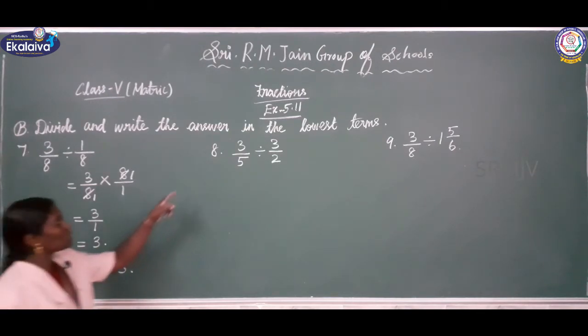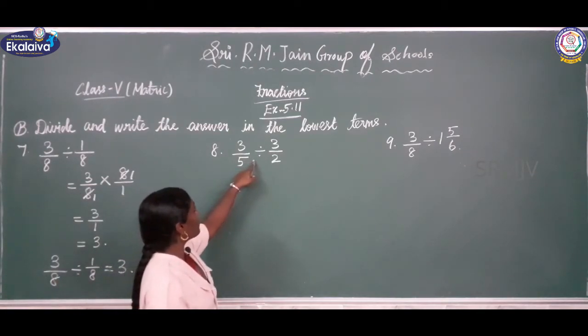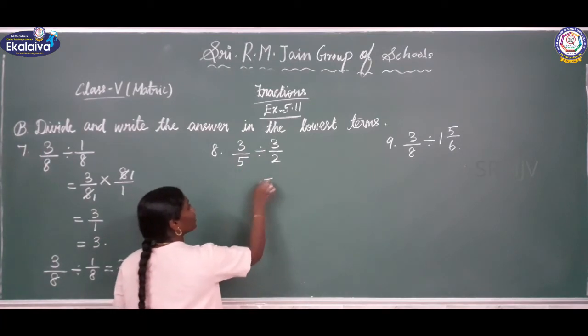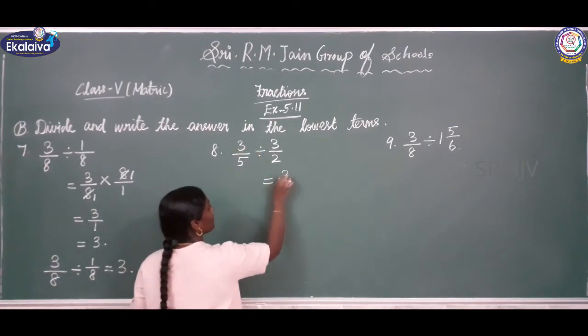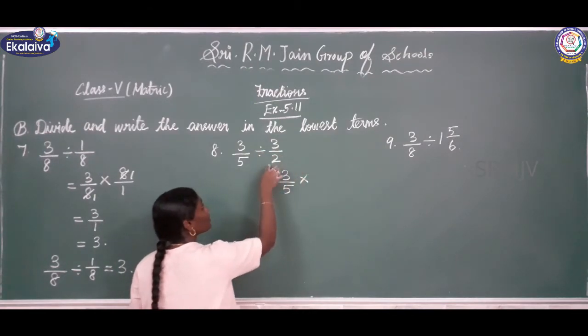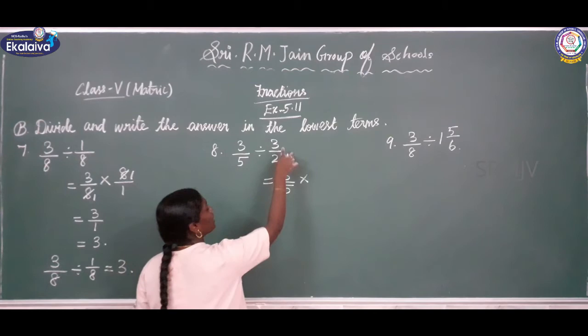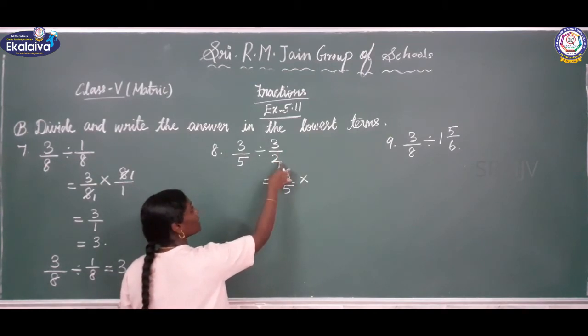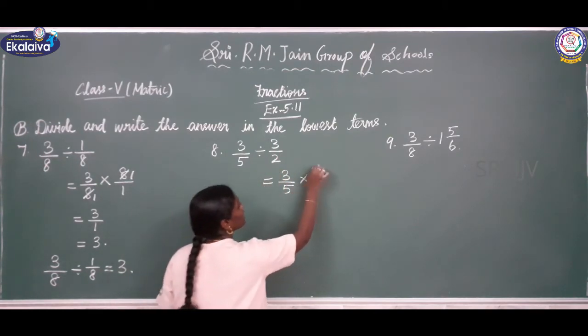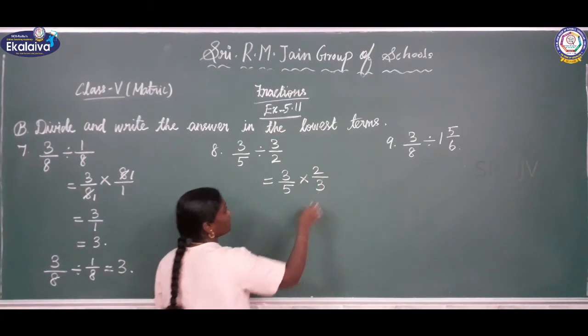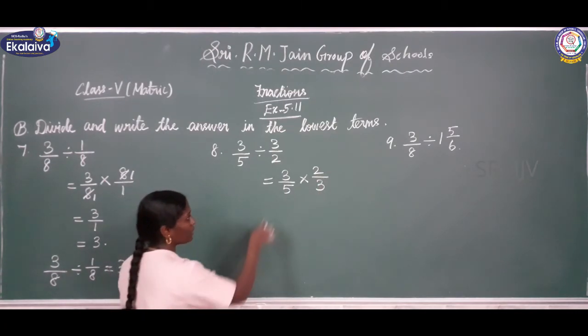Okay. The next one, 3 by 5 divided by 3 by 2. To divide the fraction 3 by 5, we have to multiply the fraction by the reciprocal of the second fraction. Here 3 by 2 is there. What is the reciprocal of 3 by 2? That is 2 by 3. Now we have to reduce the numbers. Here 3, 3.